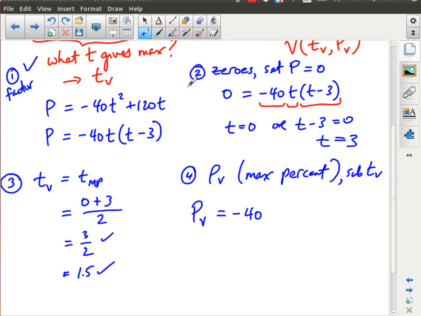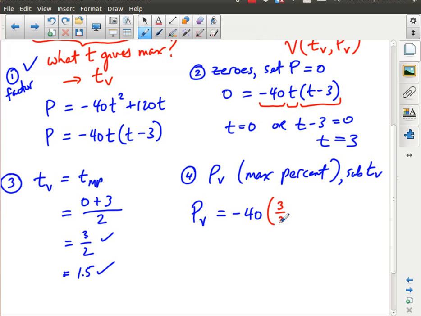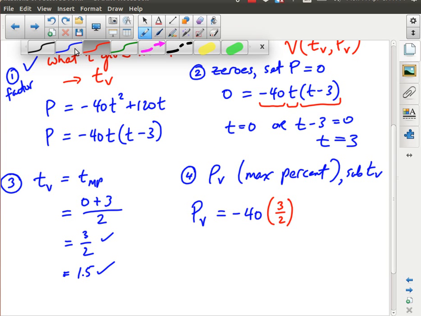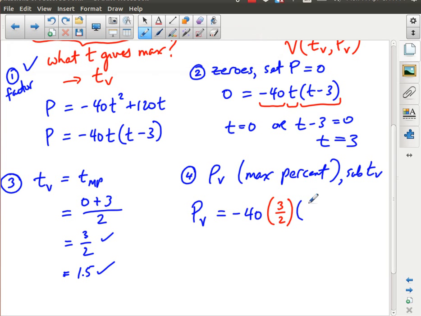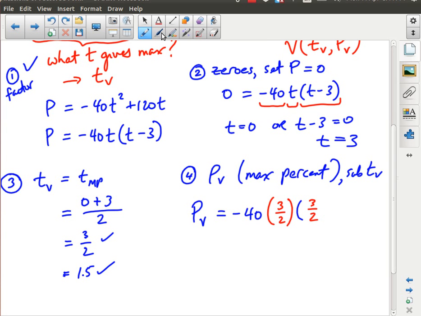Negative 40, and instead of t, I'm going to put 3 over 2. And then I want to replace the other t with 3 over 2 minus 3. Now in this case, I probably would have been better off writing this with positive 1.5.